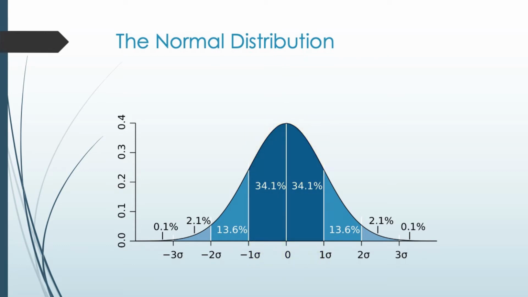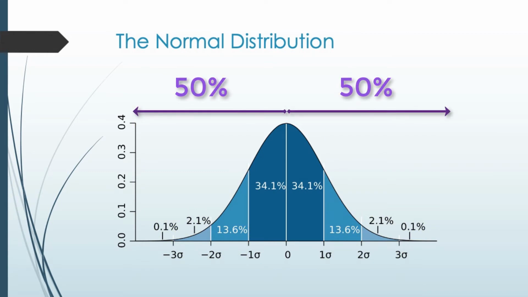And as we move further away from the mean, we notice that less and less observations fall within the tails of the distribution. And lastly, the normal distribution is perfectly symmetrical, meaning that 50% of observations are above the mean, median, and mode, and 50% of observations are below the mean, median, and mode.